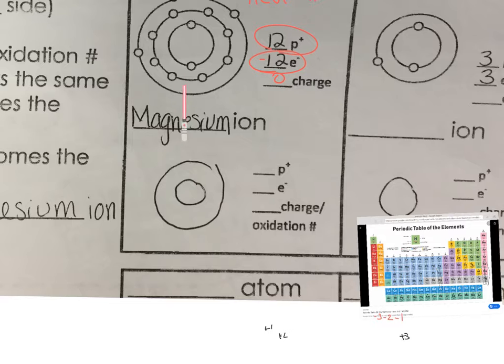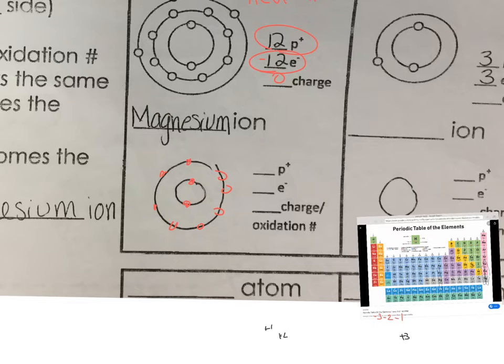Notice it had 3 shells for electrons, now it went down to 2. It's not really important right now why that is, but there are 2 in the inner shell, and a full outer shell of 8: 1, 2, 3, 4, 5, 6, 7, 8. It gave up 2 to somebody else in that other column over there.